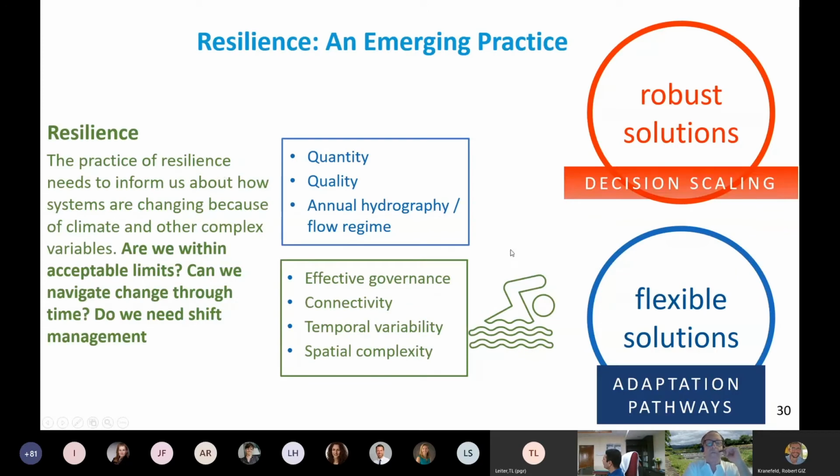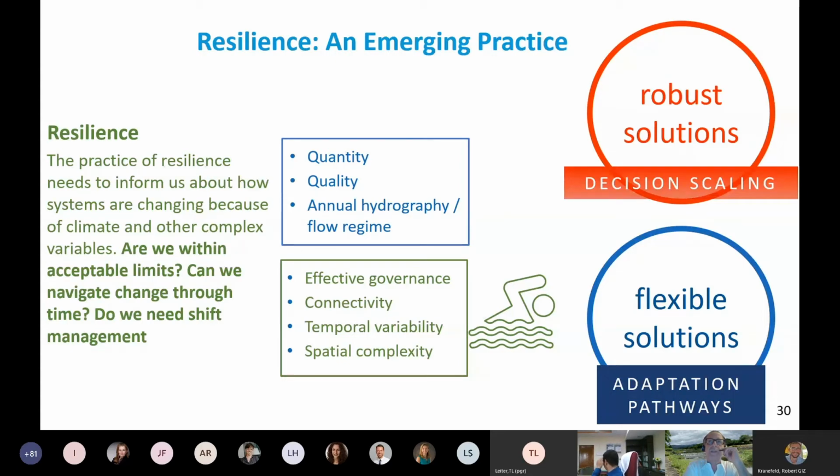So resilience is a way to approach things. Are we within acceptable limits? Can we navigate change through time? Do we need a management shift? Now, I think you can't toss out all the other indicators, and we should move towards a better set of indicators with physical outcomes from resilience or climate change adaptation, but maybe we need another layer.